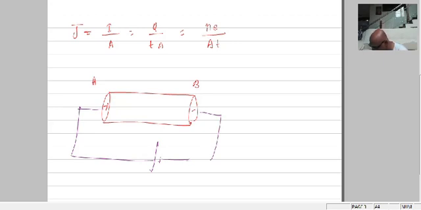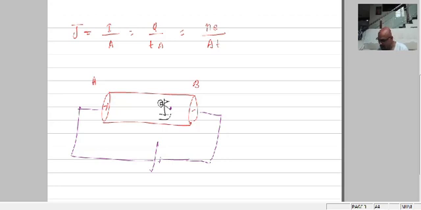Consider one electron here. Now the electron starts moving towards the positive end of the conductor. It might collide with a positive ion. After the collision, say it comes back, but it will still have the tendency to move towards the positive end, so it starts moving in this direction. Now again it collides with another ion and changes direction. It collides, it collides, it collides.